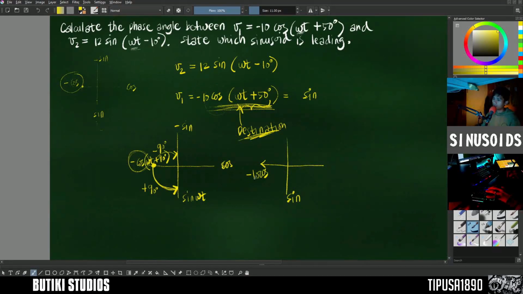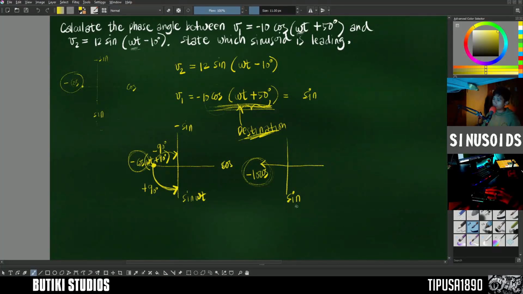So our analysis supposed to be that cosine becomes sine, and that negative cosine becomes sine, so you add 90. But that is wrong. In fact, what we do is imagine that the negative cosine is our destination.